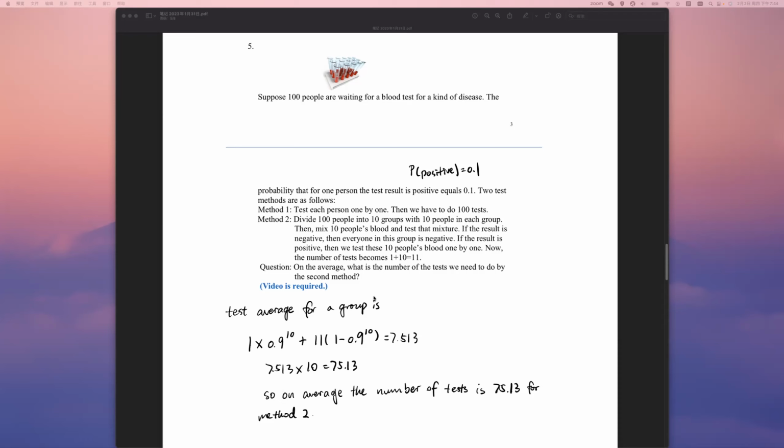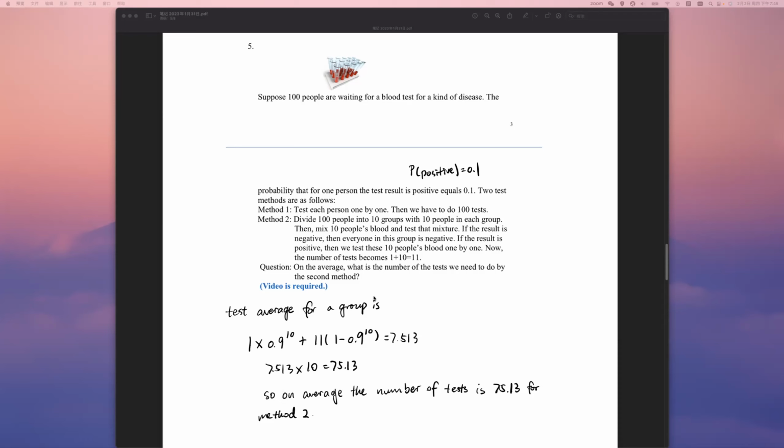So on average, the number of tests required for one group is 7.513. Because there are 100 people and 10 people in one group, there will be 10 groups.